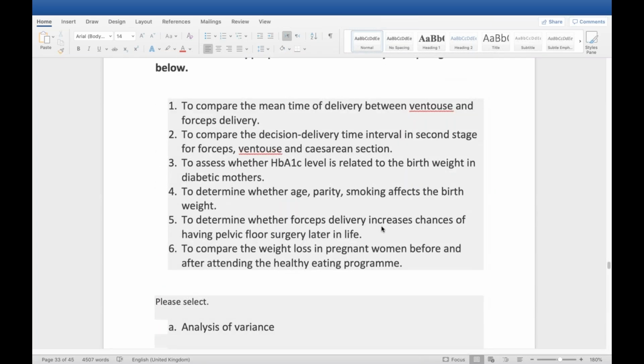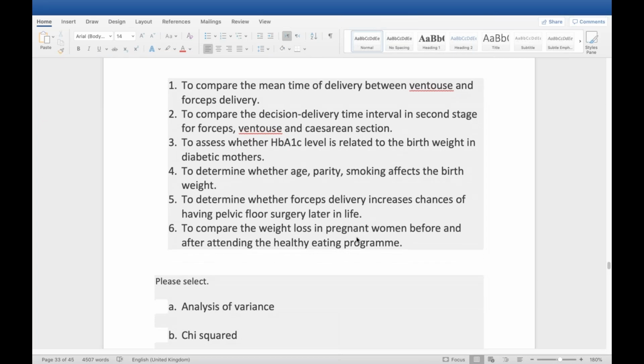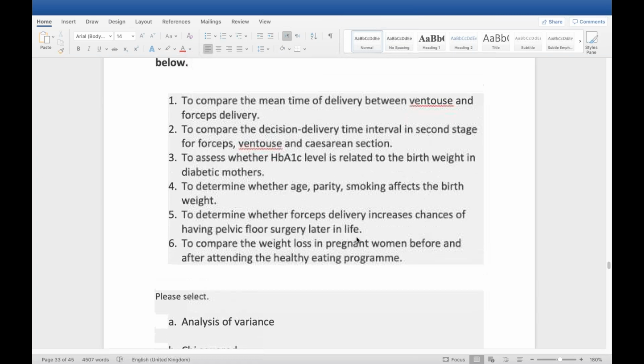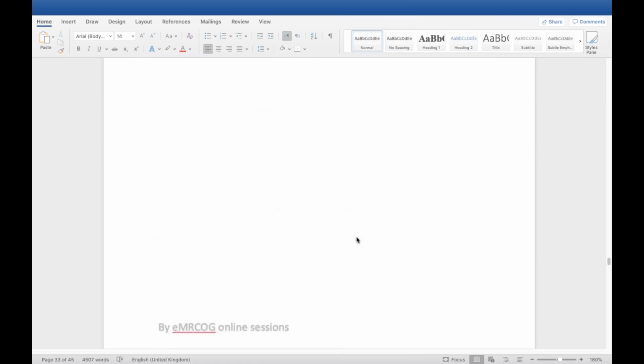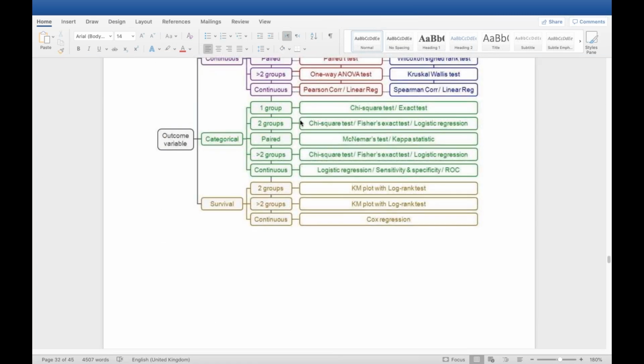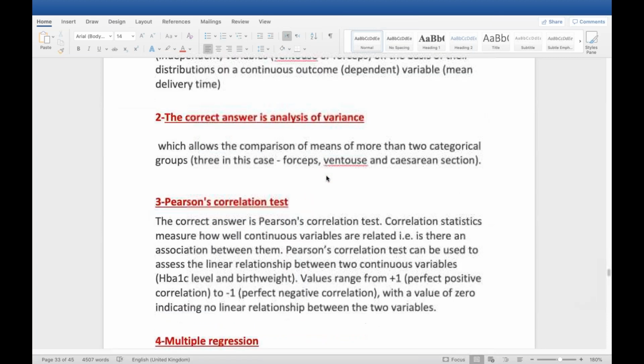Whether forceps delivery increases chance of having pelvic floor surgery later. Oh, so it's forceps delivery or not, and having pelvic floor surgery or not later in life. Is it category to category? Probably. Category to category. It's just confusing anyway.